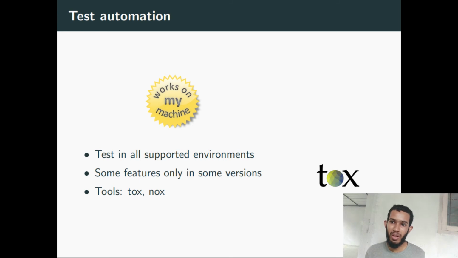But if you run it on an older version, it will give you an error. Running our test in all the supported versions every now and then sounds like a lot of work. So we can automate it using a test automation tool like Tox or Nox.